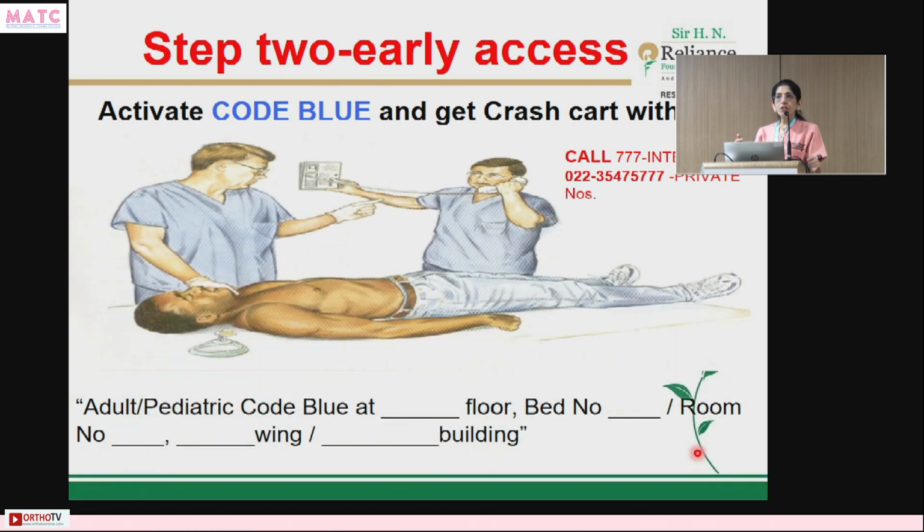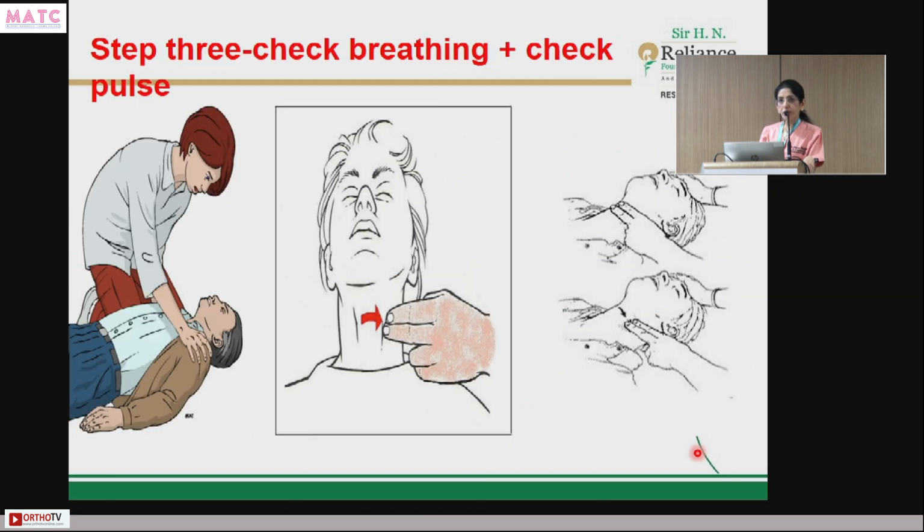Once you have recognized the unresponsiveness by tapping on the shoulder, which is step 1, and you have activated the emergency response system, which is step 2, after that you palpate for the pulse and simultaneously check for the breathing. Which pulse will you palpate?